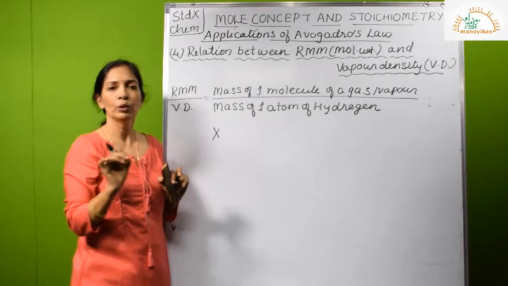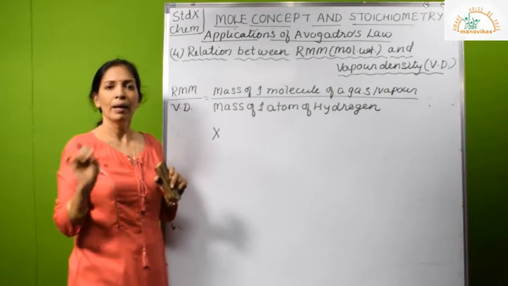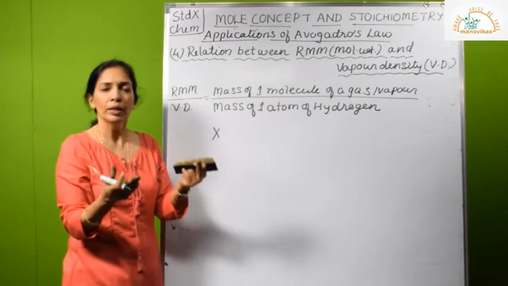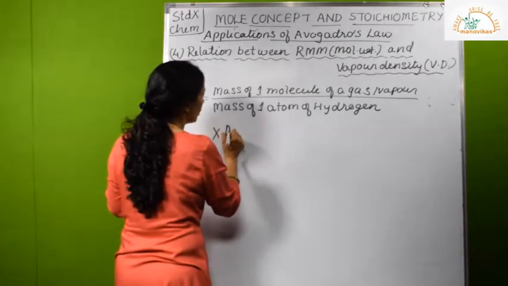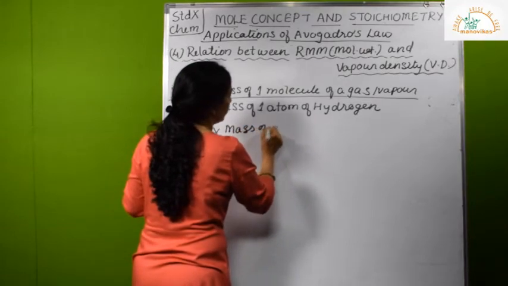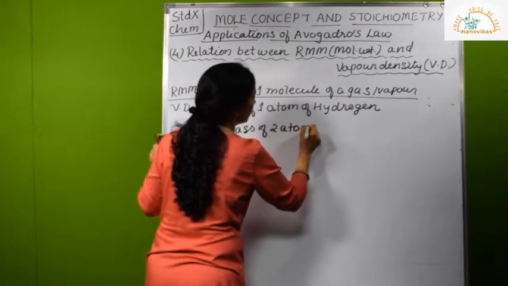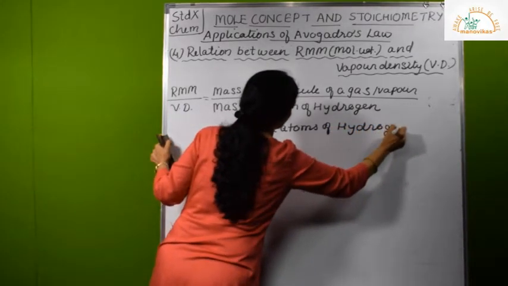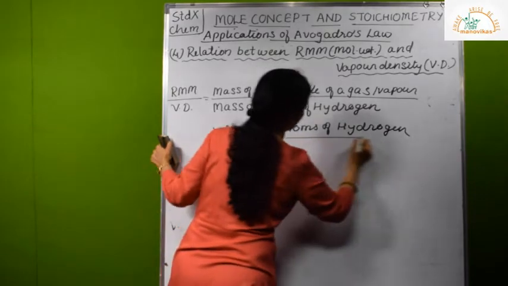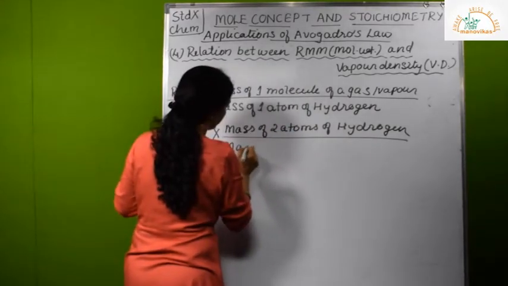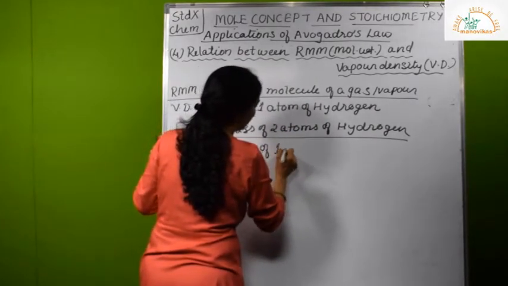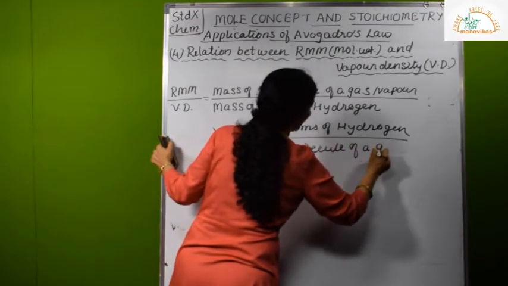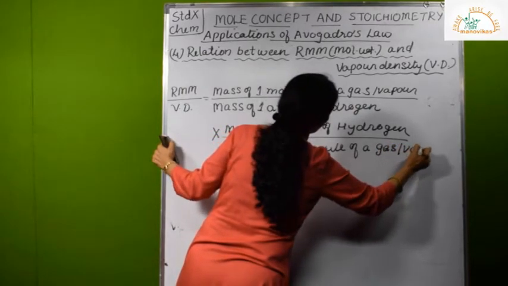Mass of 1 molecule of a gas or vapor divided by mass of 2 atoms of hydrogen. So this 2 atoms of hydrogen will go into the numerator. So mass of 2 atoms of hydrogen upon mass of 1 molecule of a gas or vapor.